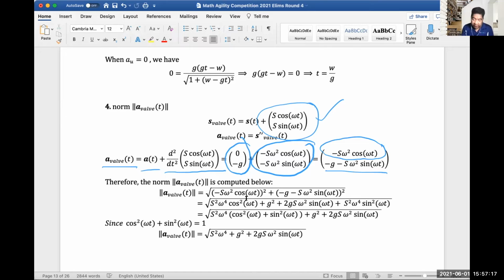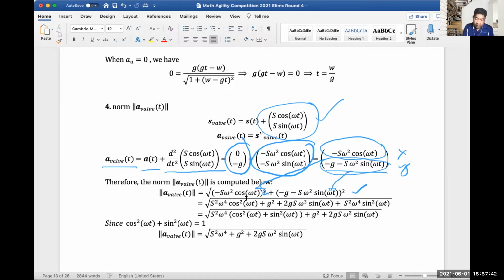Since we have this as our x and our y, we can now solve for the magnitude, which is simply squaring and taking the square root of the sum of the squares, which is what we did here. So this would be on this part, and we square it, and the y is this part, and square it.